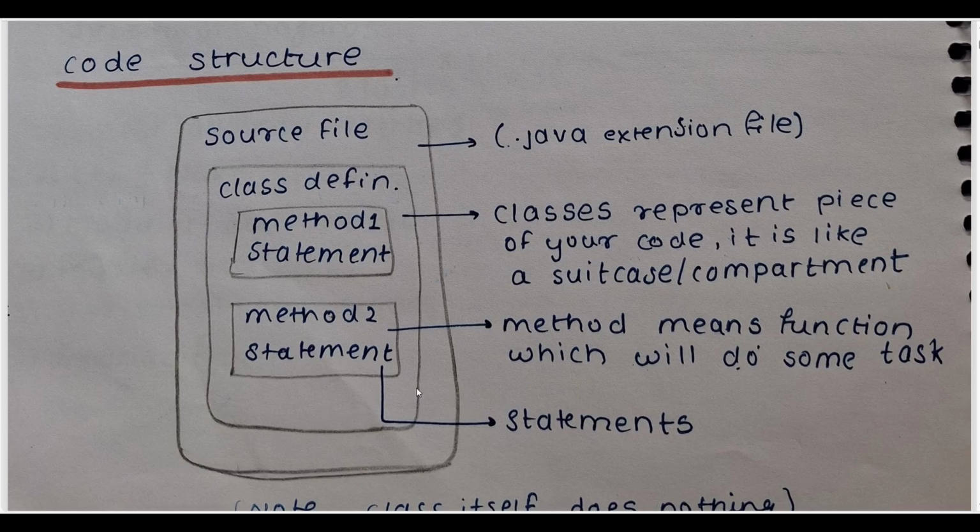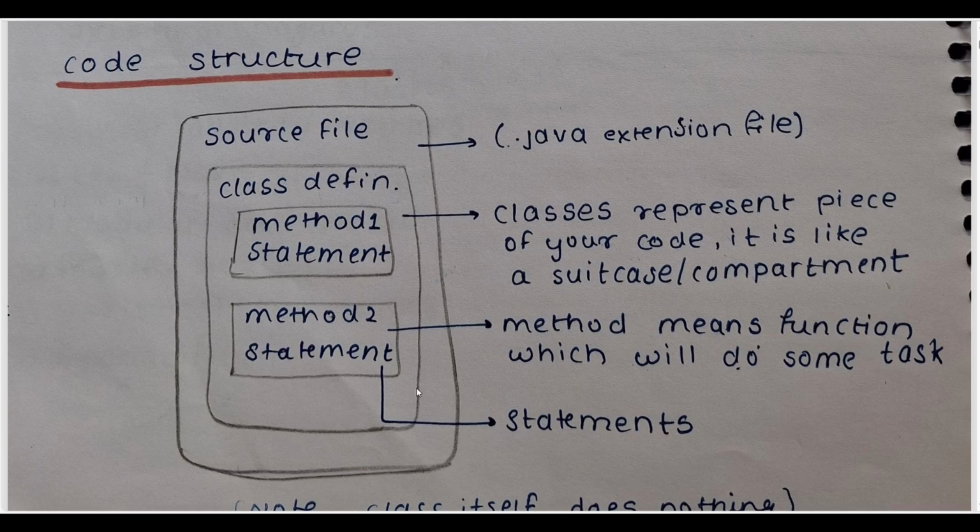Now, method. What are methods? Inside a class, we write methods. A method is just a task, whatever we are doing, like addition, subtraction, multiplication, or any task. For example, if you want to print something or calculate something, that work is done inside a method. Now, what are statements?